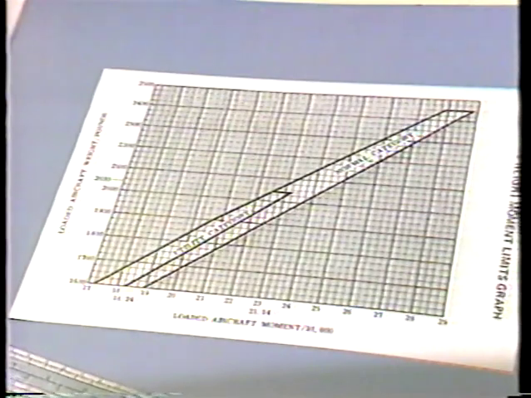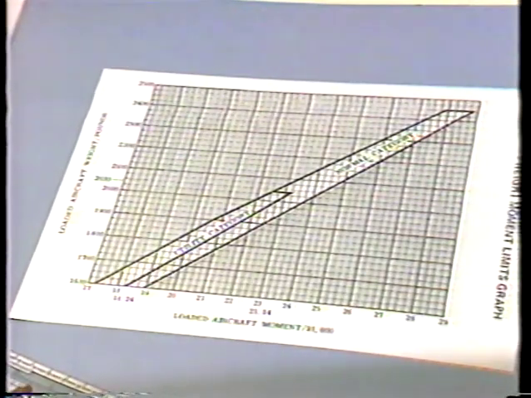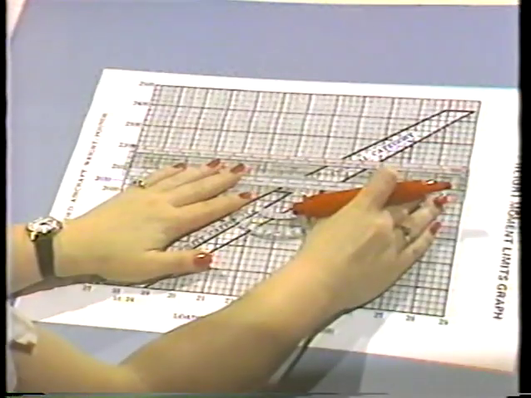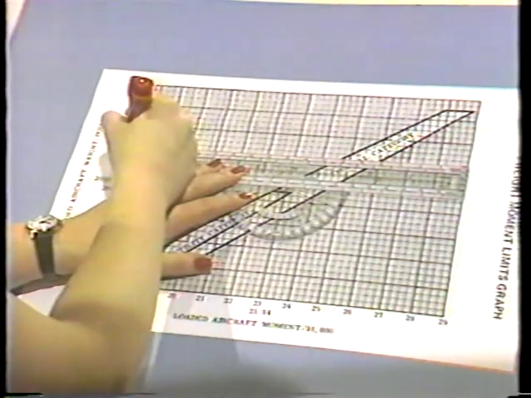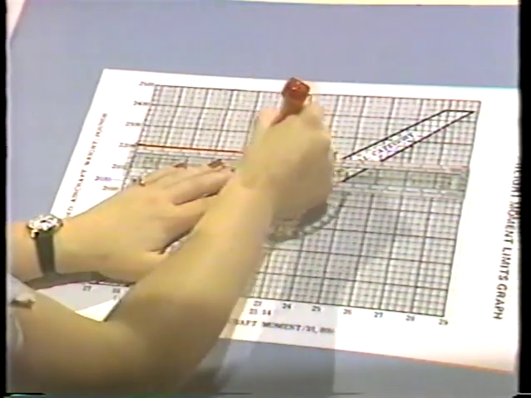To use this graph, enter both known values on each axis. The airplane's weight of 2,205 pounds is on the vertical axis. The moment of 2,565.5 is on the horizontal axis. With your plotter or straight edge, draw a line across the graph through the envelope.